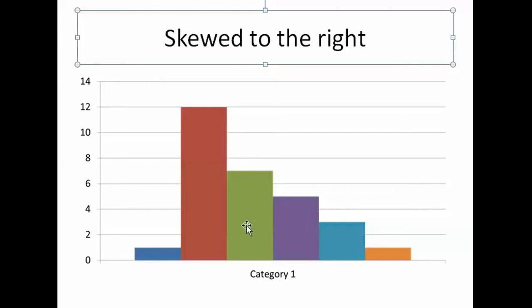And if we go further to the right, we maybe have managers who make more money, but there's fewer of them than the assistant managers, so their bar is shorter. And then I'm not sure what these people would be. Maybe a higher level manager who makes more money, but there's even fewer of them.